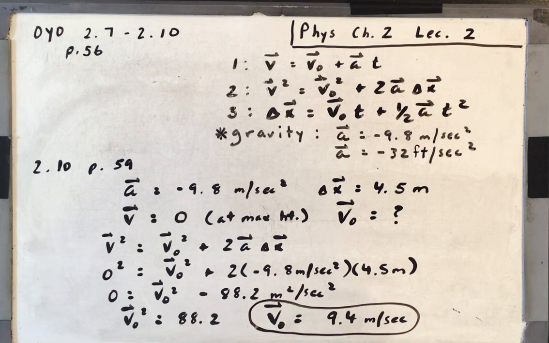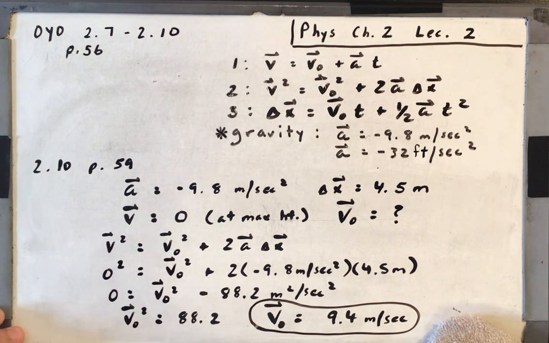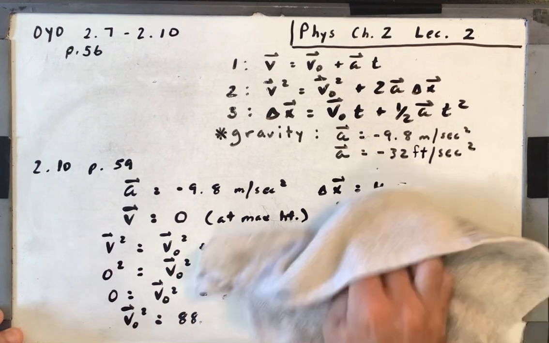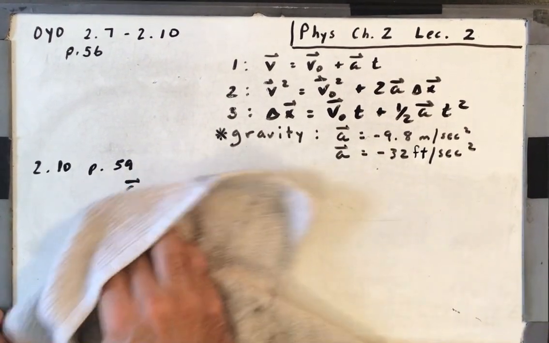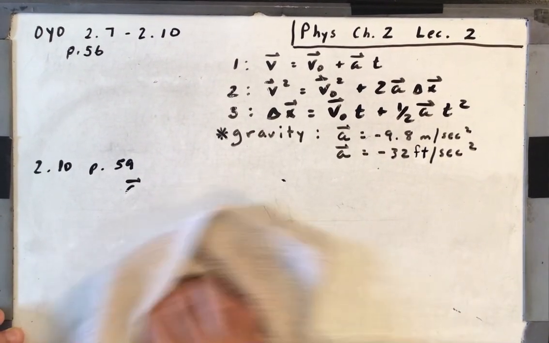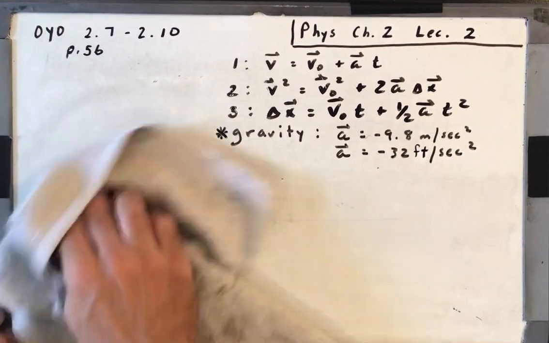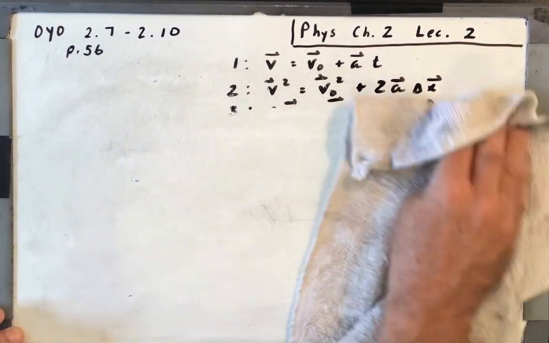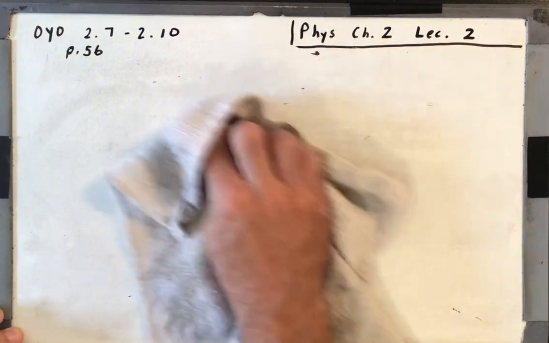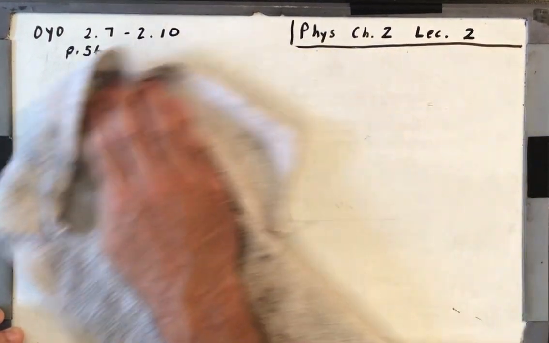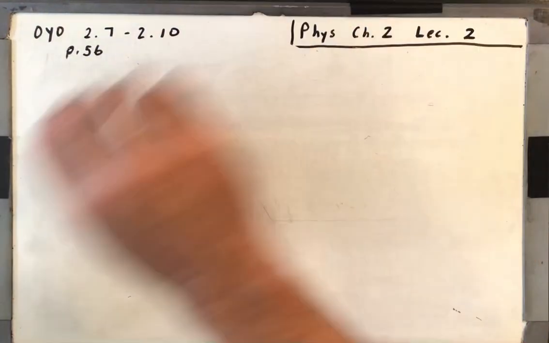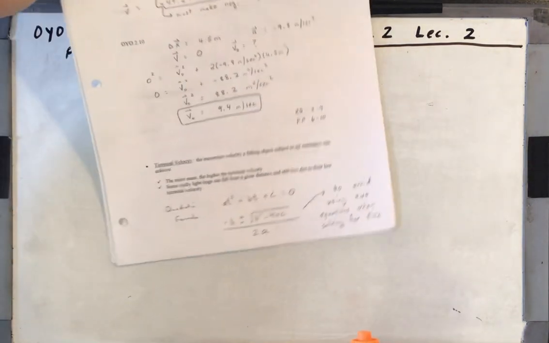Okay, want to talk about one last topic here before we finish up. And that is terminal velocity. Okay, so you're at the bottom of page 4 on your notes.